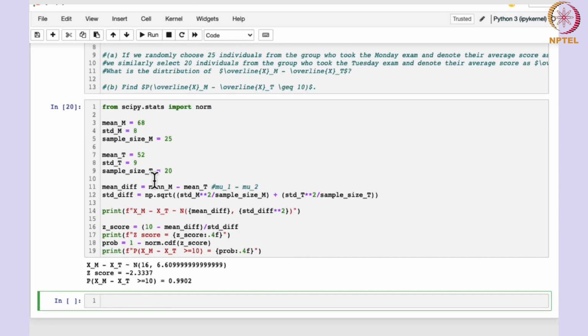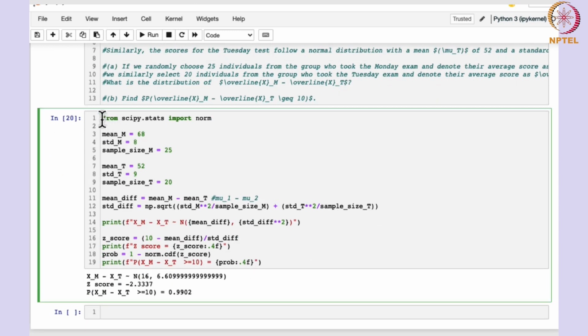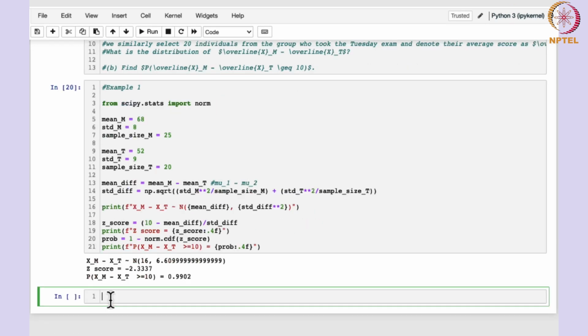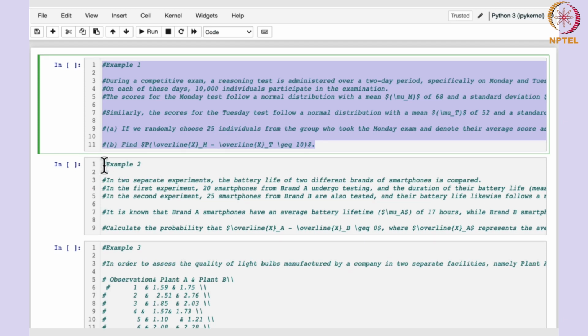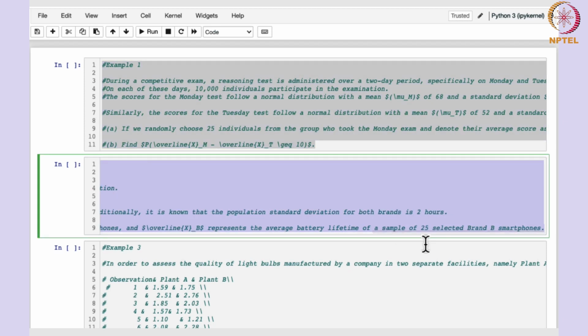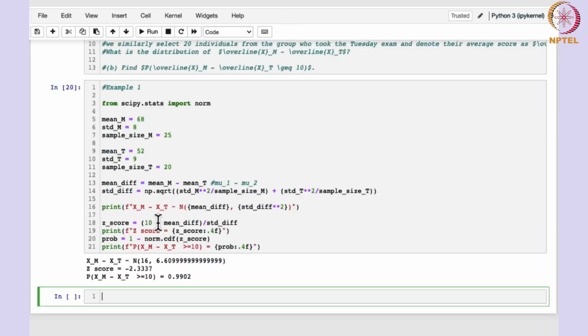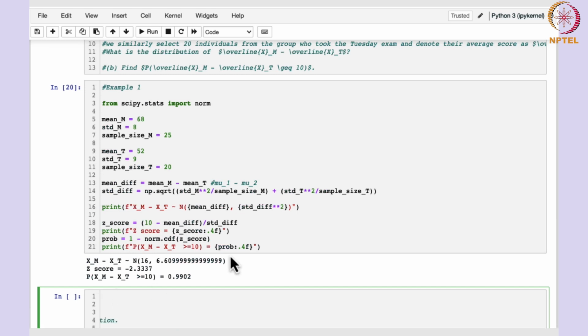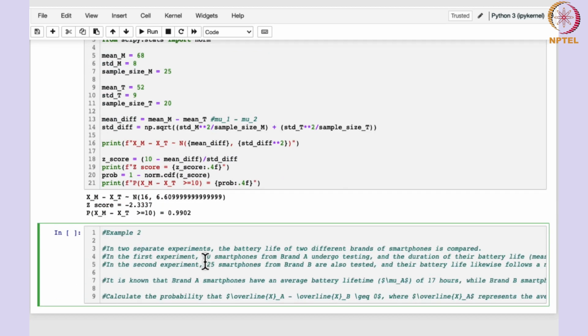Okay, so this is your first example. Let me just write over here. Next, we can have your second example. Let us just copy it from here. Our second example was that you have two separate experiments and the battery life of two different brands of smartphones is compared.